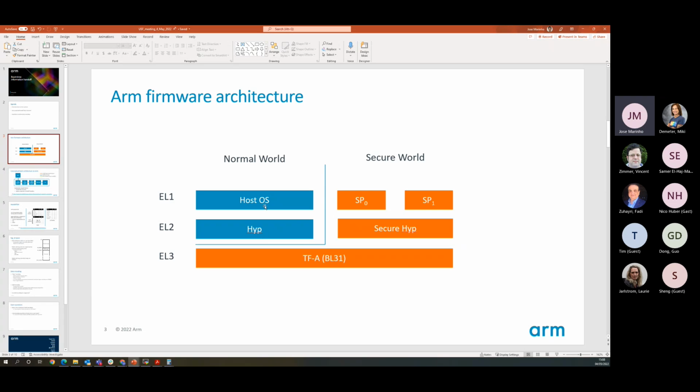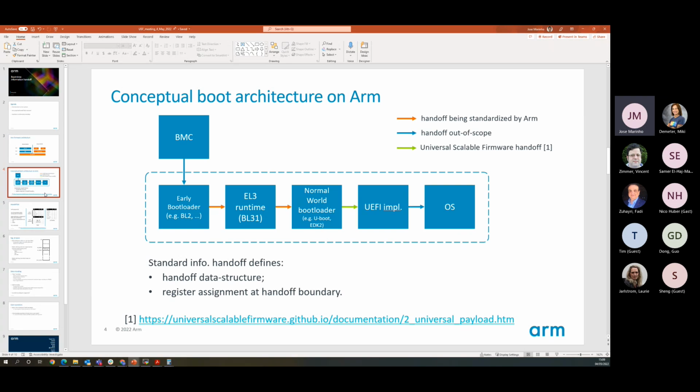So the normal world can interact with EL3 at runtime via a set of well-defined interfaces. But generally, and we will see a bit more about this, the normal world firmware doesn't really request any services from the supervisory firmware during the boot time. And I think that's what the FSP concept is on the Intel architecture. So in a nutshell, we don't really have that in the ARM architecture.